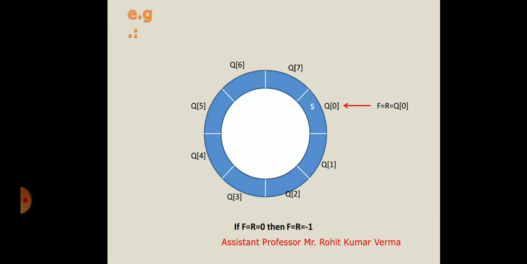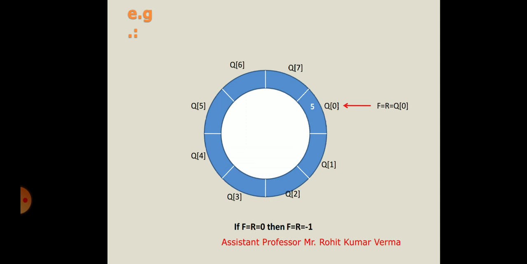So dear students, here you can see in this condition, suppose our queue contains one element and that element is 5, stored at 0th location. Now you want to perform delete operation. Whenever you are performing delete operation, our element is removed from 0th location and our front and rear pointer will point to -1.